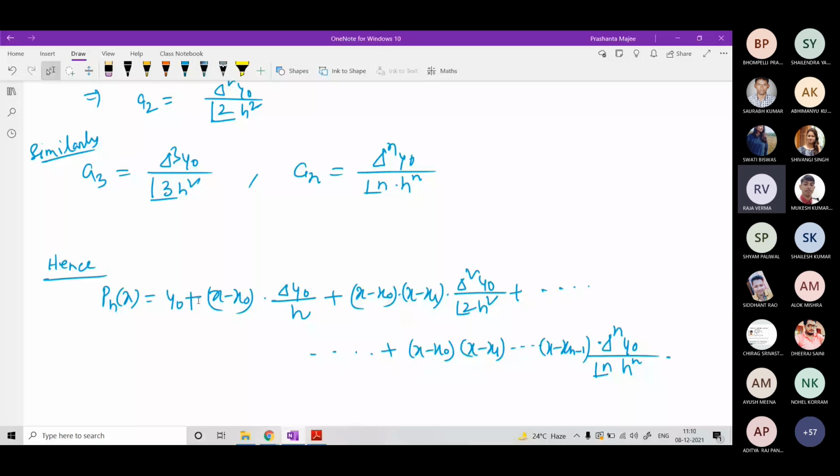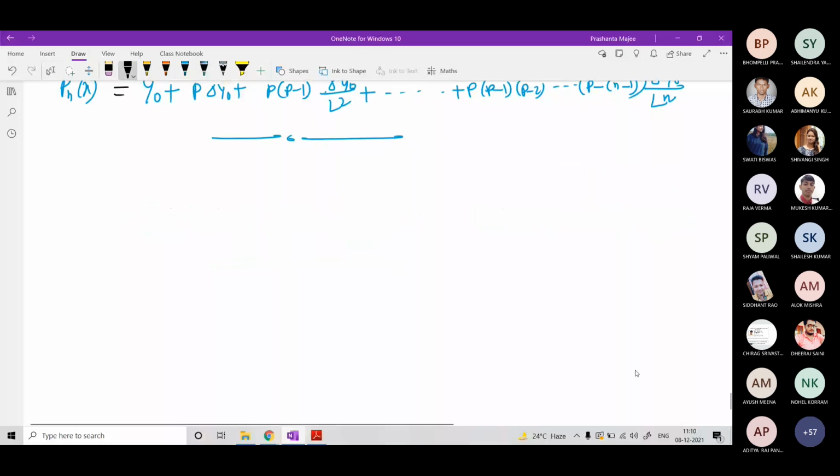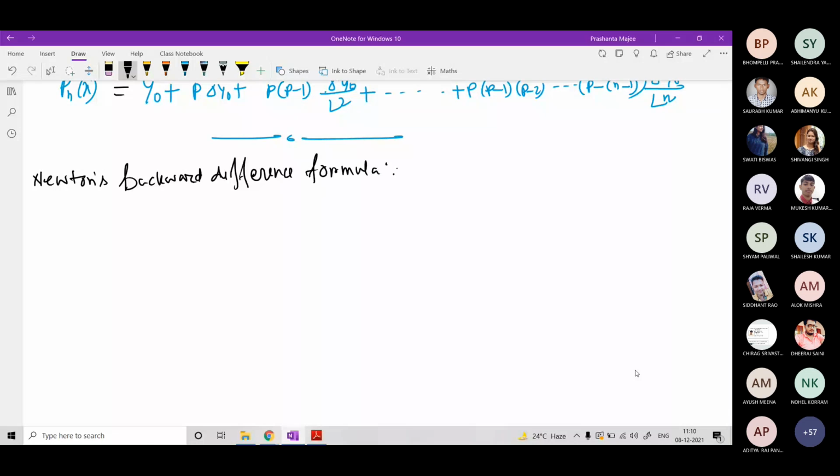Now, this is the formula to find the polynomial using Newton's forward difference formula. Next is Newton's backward difference formula. It is very similar to the derivation of Newton's forward difference formula.